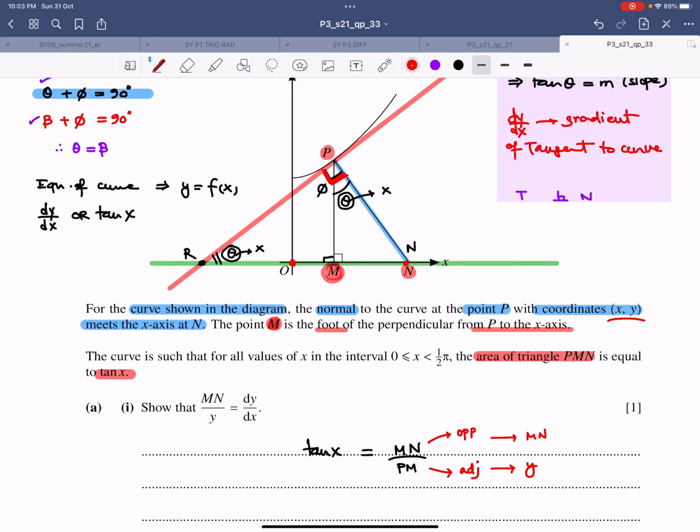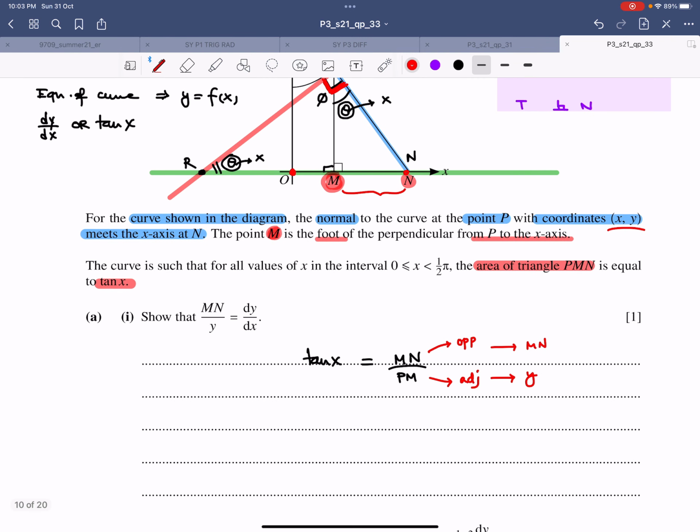X is from O till N. MN remains as MN. So therefore, what do I get? I get tangent x equals MN divided by y. But isn't tangent x the same thing as the gradient function? So therefore, dy by dx equals MN over y. That is the first piece of info that I got for 1 mark.